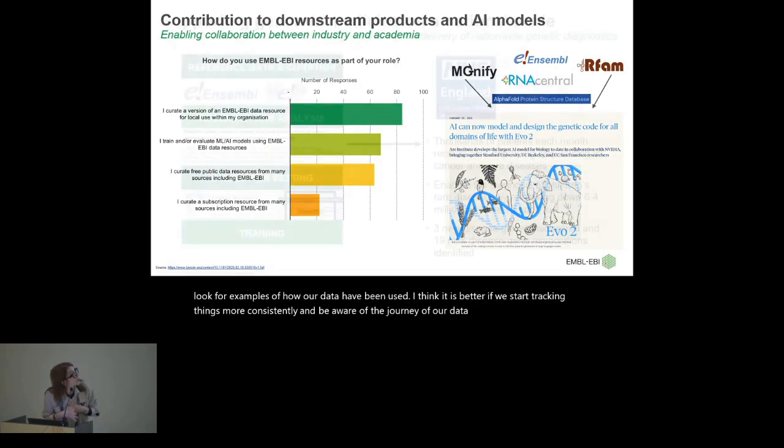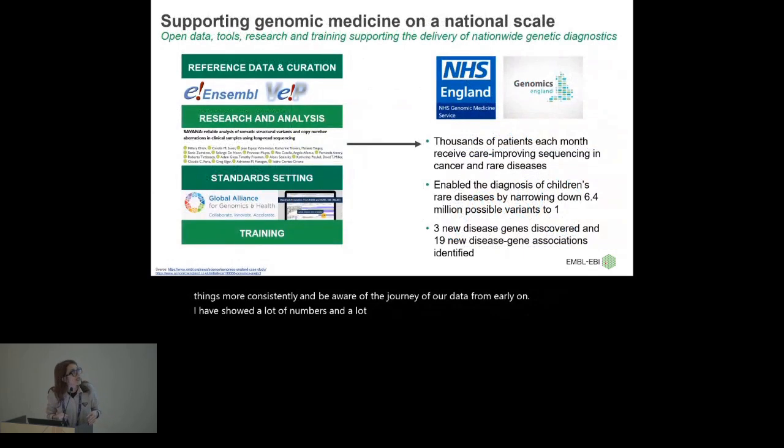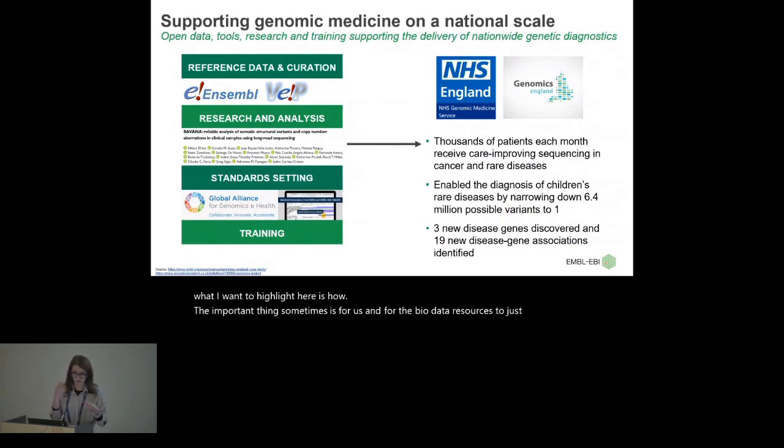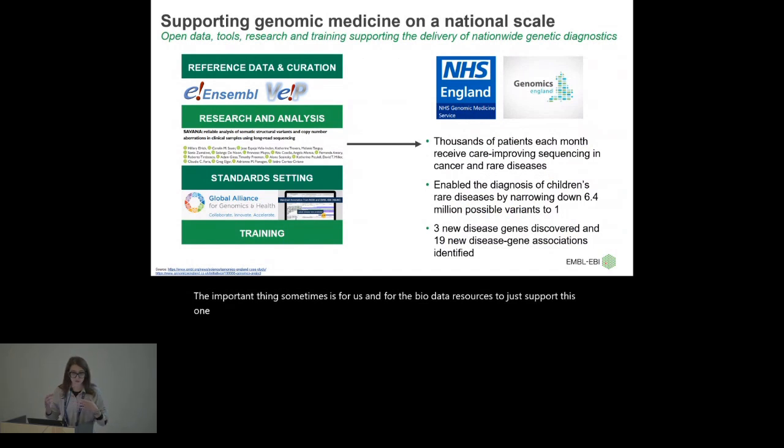I have shown a lot of numbers and a lot of growth and scale on many occasions, but what I want to highlight here is how the important thing sometimes is for us and for the biodata resources to just support this one team in order for them to be able to support thousands of people every month.